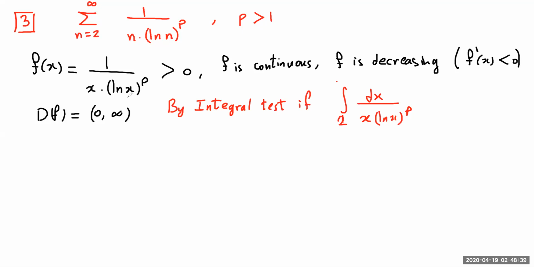If this integral is less than infinity, then the sum of 1 over n (ln n) power b from 2 to infinity also converges.